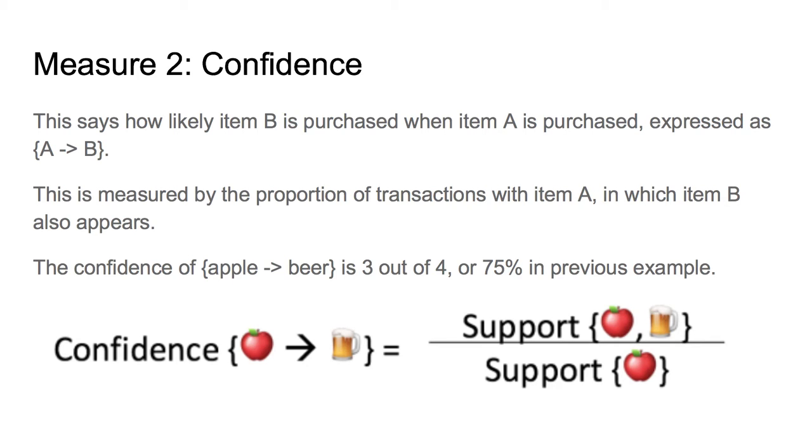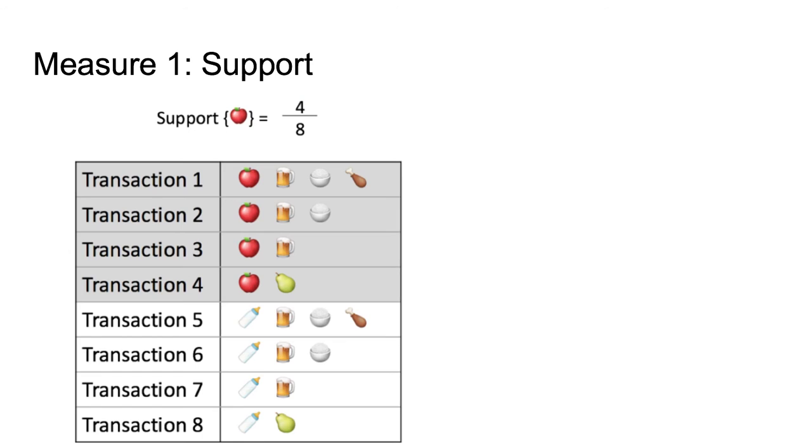To identify the confidence of Apple to beer, we firstly need to figure out the support of Apple and beer, because we have already calculated the support of Apple, which is 0.5. Let's look back to our example. To find out the support for Apple and beer, firstly, we have to see how many transactions contain both Apple and beer.